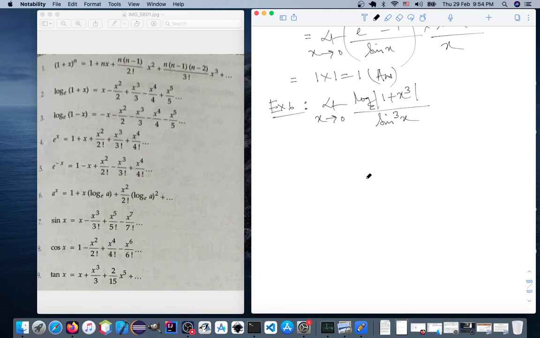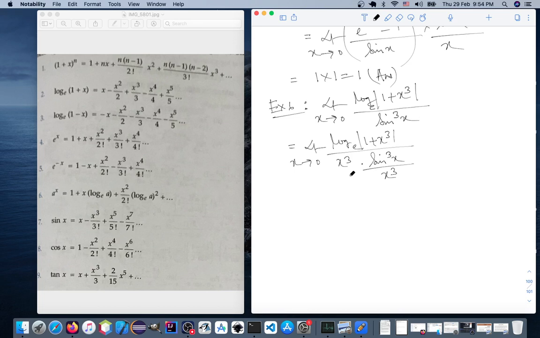Sine cube x. If we rewrite this as log of 1 plus x cube, and we bring x cube here, and of course we have to adjust the x cube here.